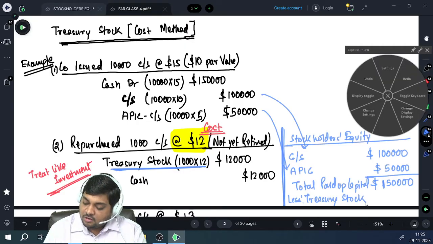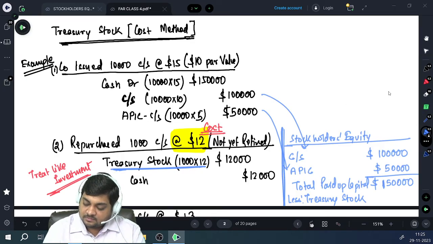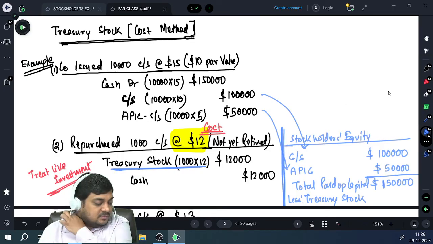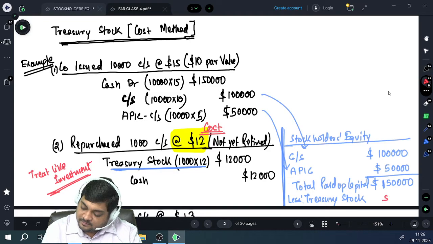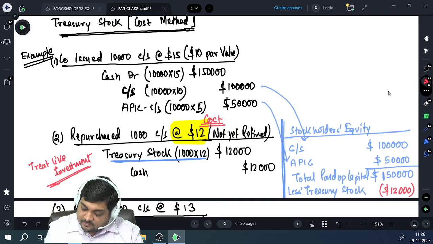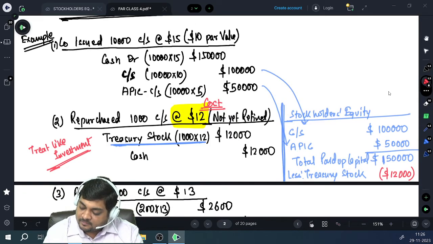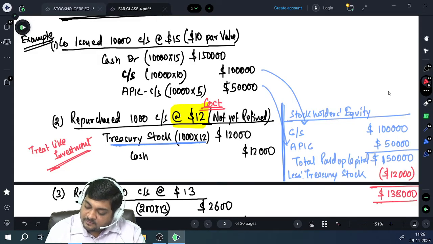Less treasury stock. This is stockholders equity.